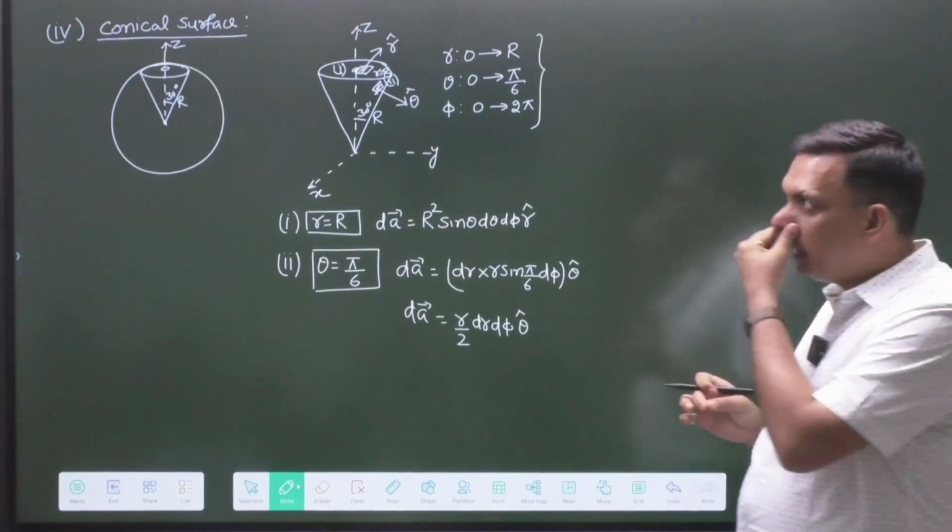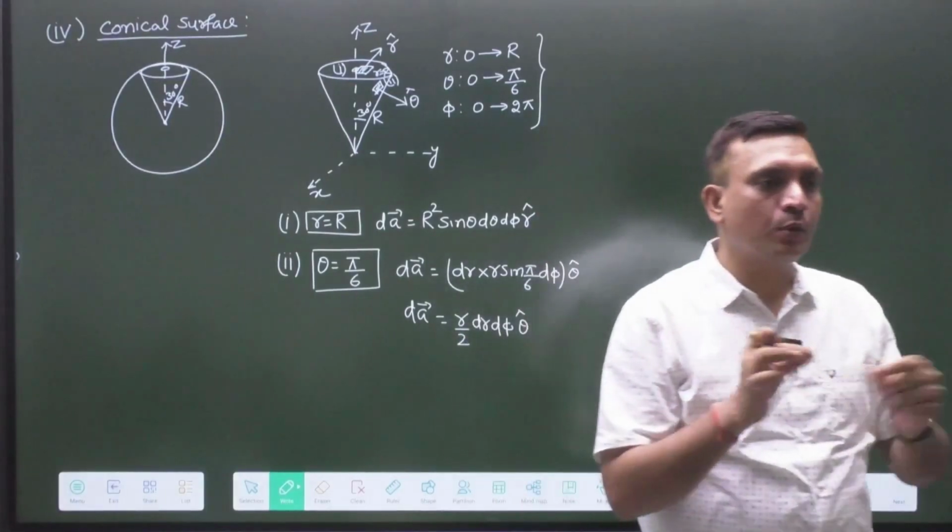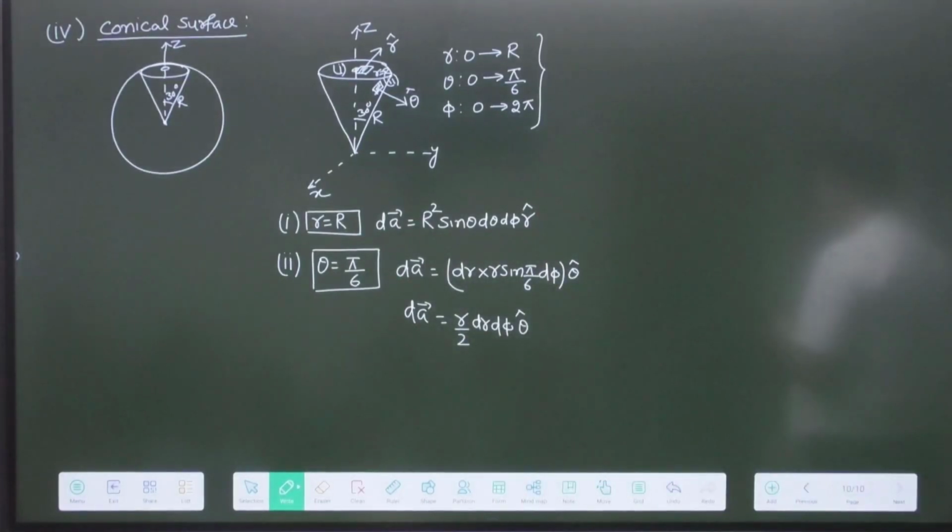Now we will see how to write dot product and cross product of unit vectors.